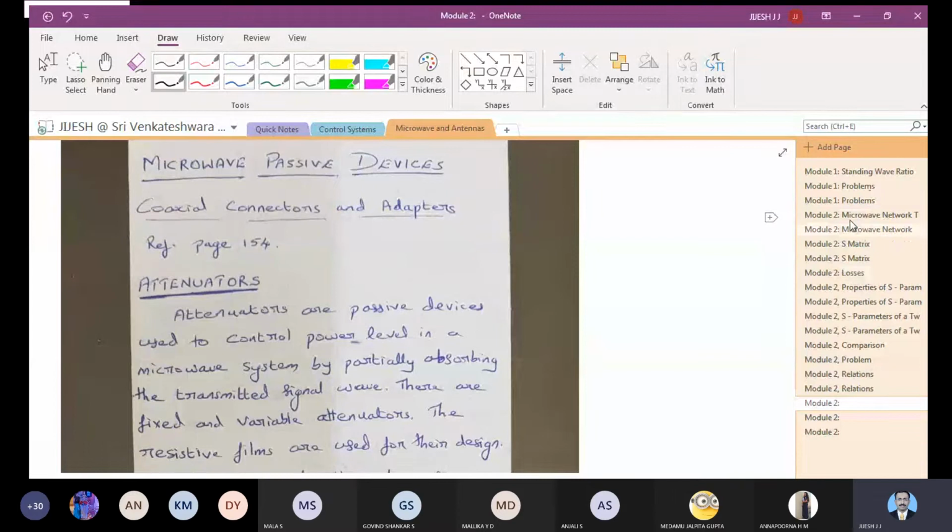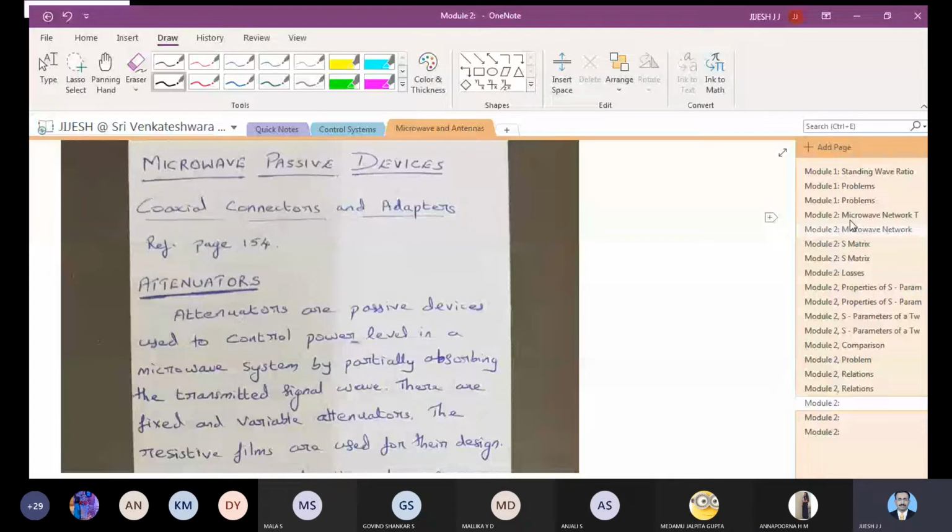You can use those things, write some more explanation for that, and come out with a good answer for 3 marks or 4 marks. So 4 marks maximum can be asked on coaxial connectors and adapters. All of you should refer to page 154 of Annapurna Das, draw those figures and practice the connectors.